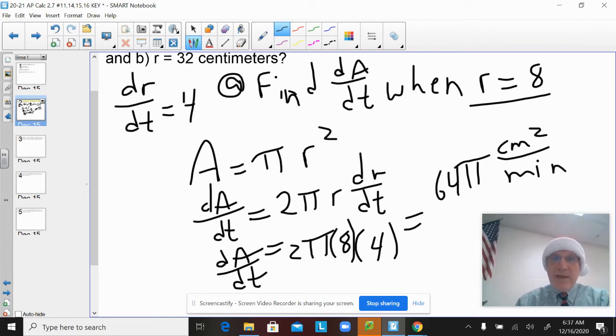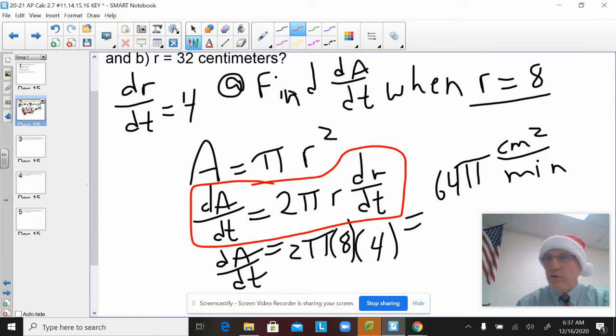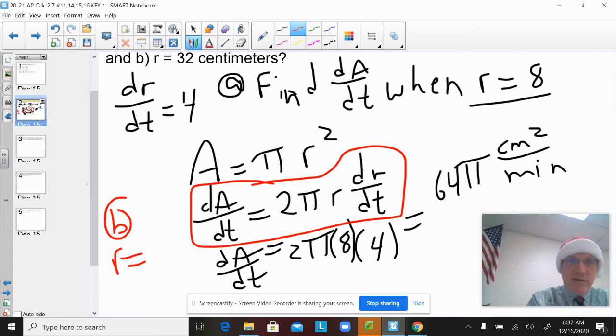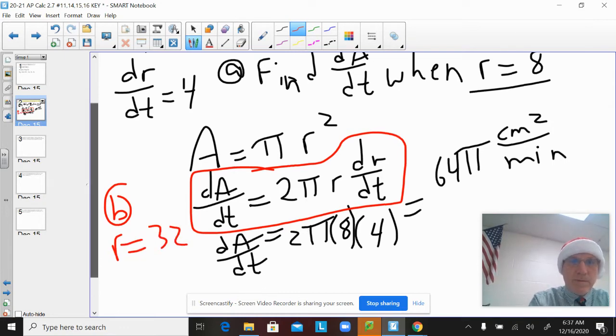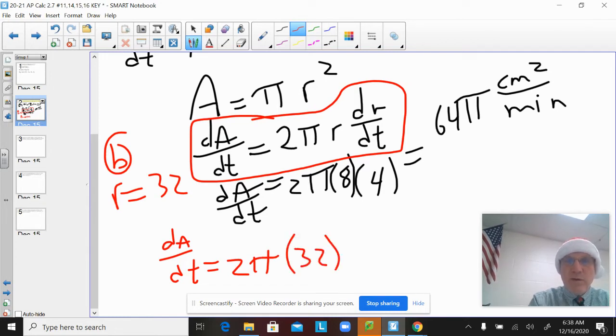And then part B, because it's the same equation, same context, I can use this again. I don't have to start all the way back from the equation. Part B said when r equals 32. So in this case, dA/dt equals 2 times pi times 32, and it still gave us dr/dt was 4.